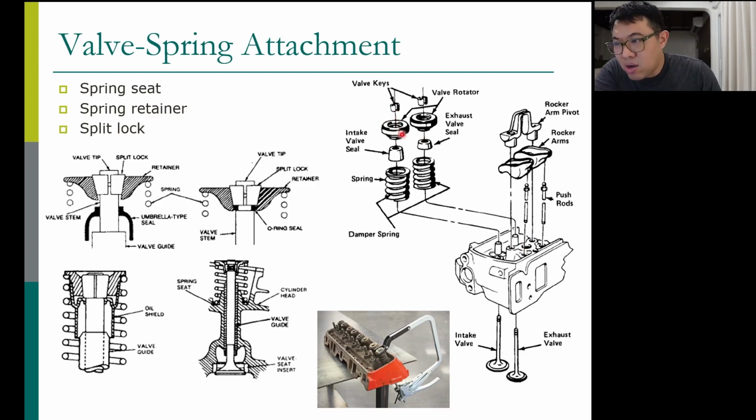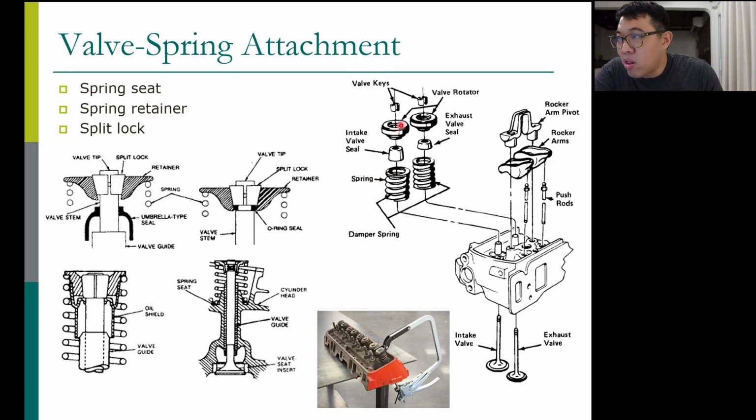Actually, before you can put this retainer, you have to compress the spring like that. This is a tool used to compress the spring. You compress the spring, and then you can put the retainer there. The retainer is where the spring sits.